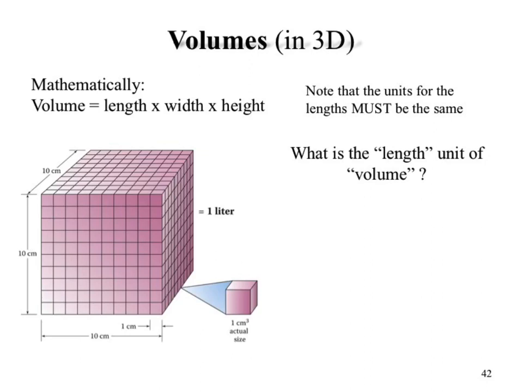Volume can be measured using distances. Volume is the space within an object. If I have a square object, how do I calculate the volume? Length times width times height.